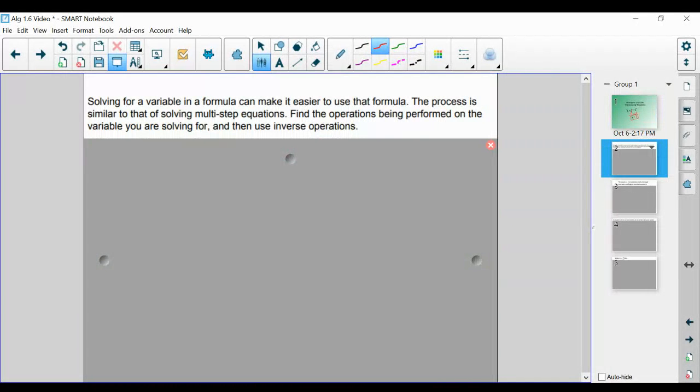So solving for a variable in a formula can make it easier to use that formula. And you're going to see this a lot in science, or you might have already seen it in science. The process is similar to that of solving multi-step equations. We're going to find the operations being performed on the variable that you're solving for, and then use the inverse operations.